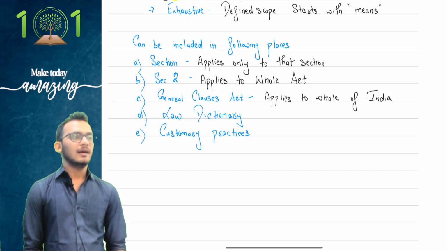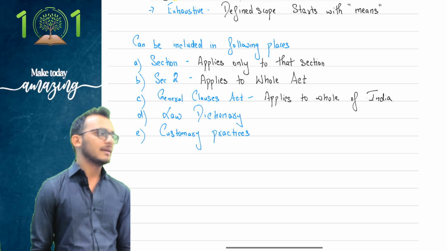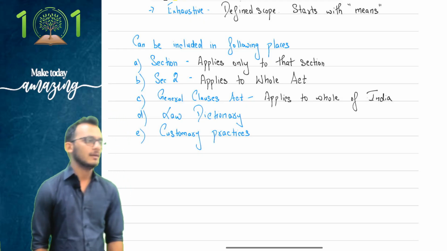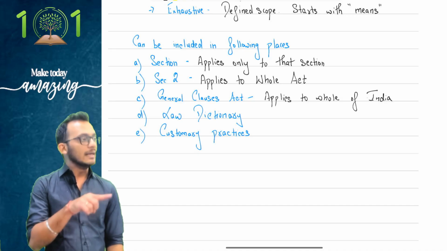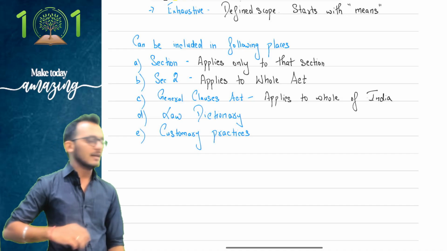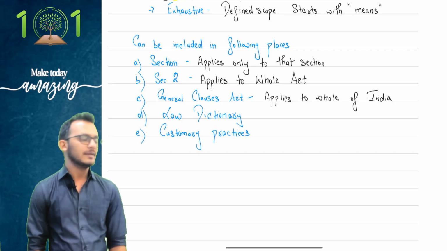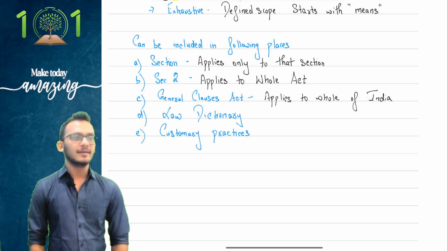People, I'm not just including any generic items. It should be related, very important. That is why it is called ejusdem generis. So it's always supposed to be related items.